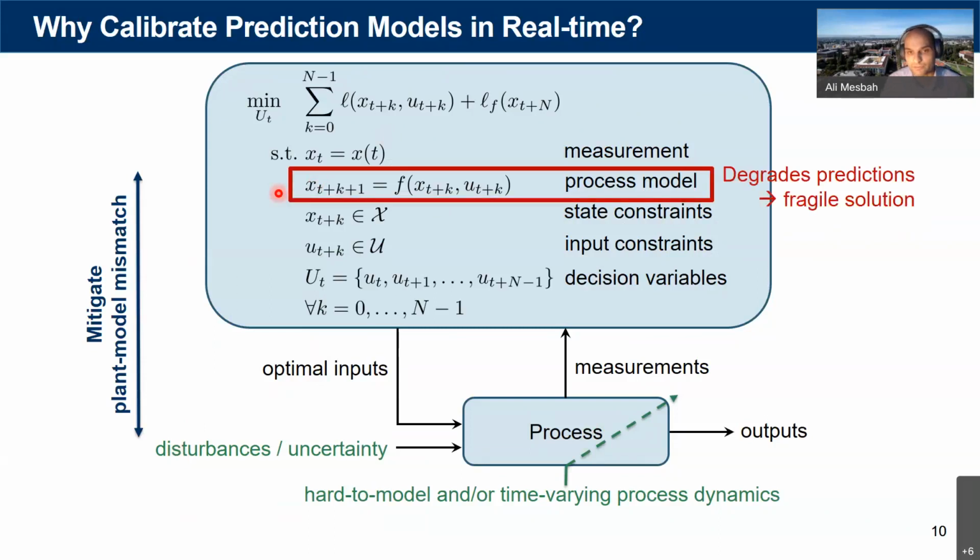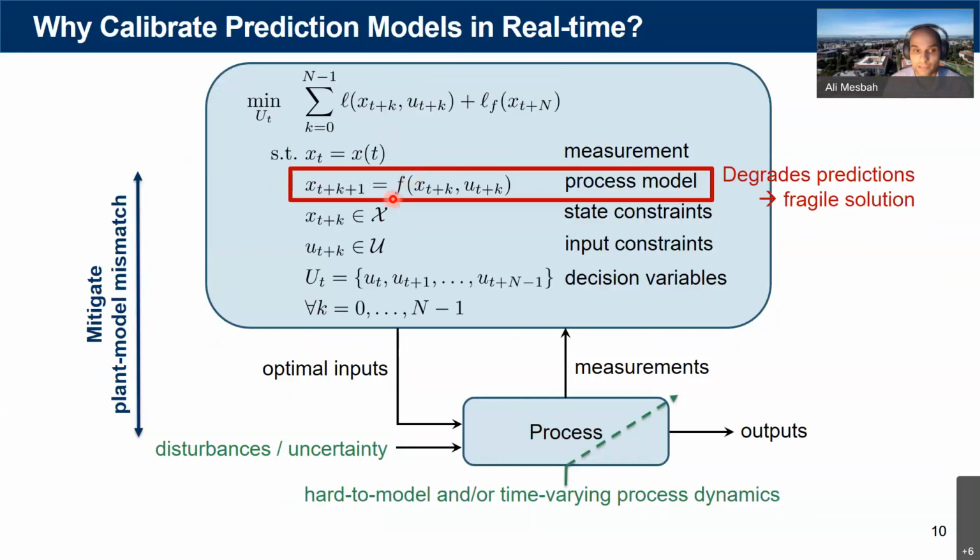And on top of that, all models are some approximation of reality. There's no complete model, right? So especially in more emerging applications, we are dealing with dynamical behavior that may not be easily modeled, or the dynamics of your system may change over time.